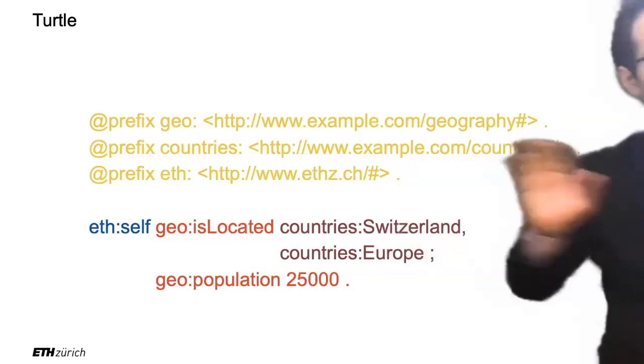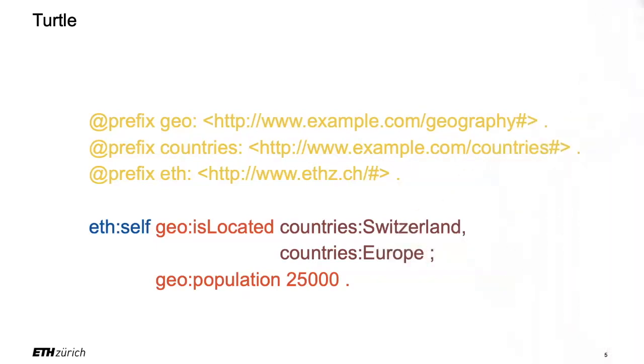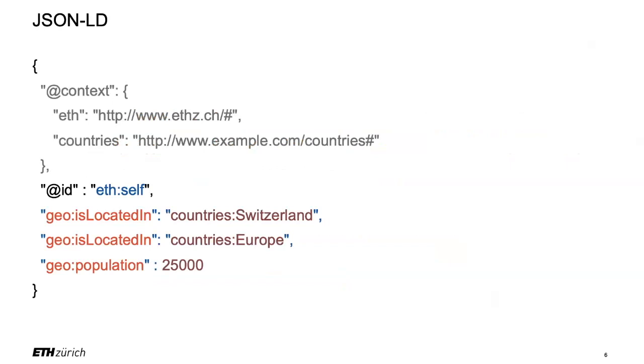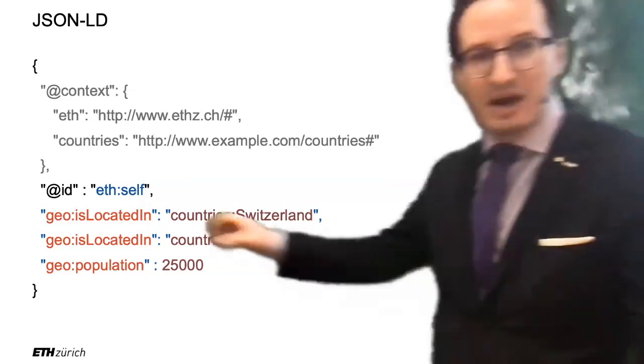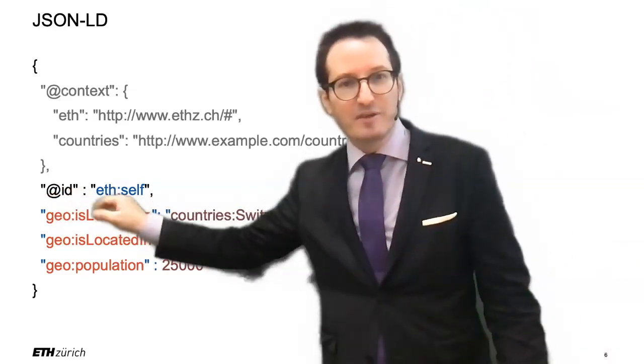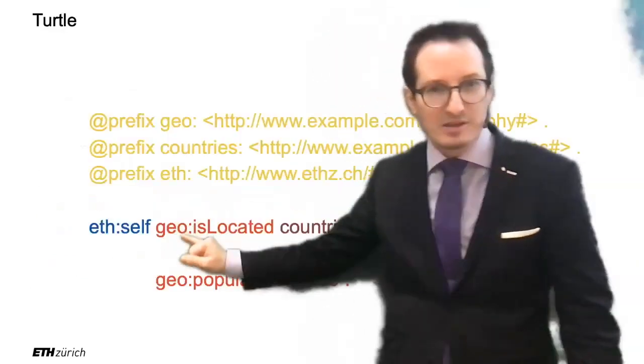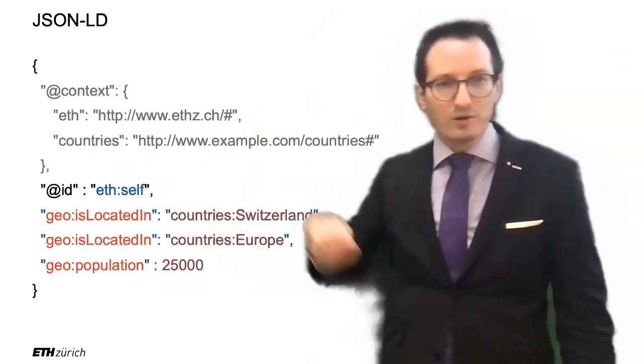Okay, so who is with me? All right, so this is the simplest syntax. Now, just for completeness, I'm showing you the others, but very quickly. This is the JSON-LD syntax. It's also made of triples. And basically, the way that this is done is that they group everything by subject. So every time they have a subject in the @id field, ETH:self, that's the same rule as in here for the concatenating with the URI.